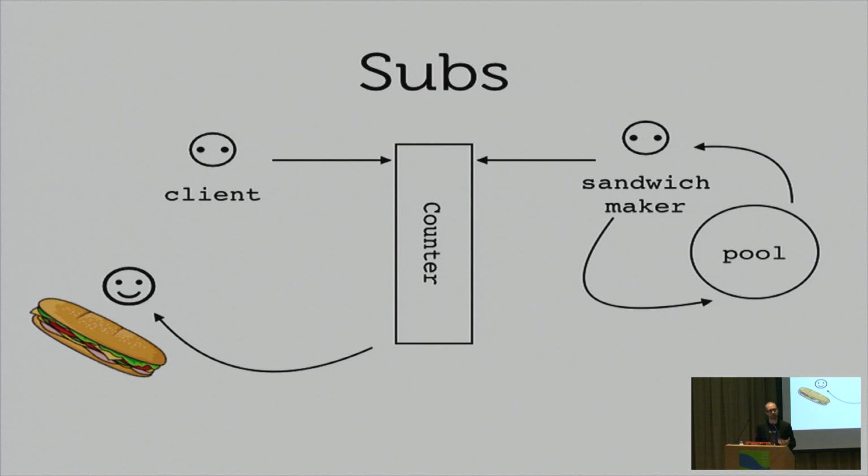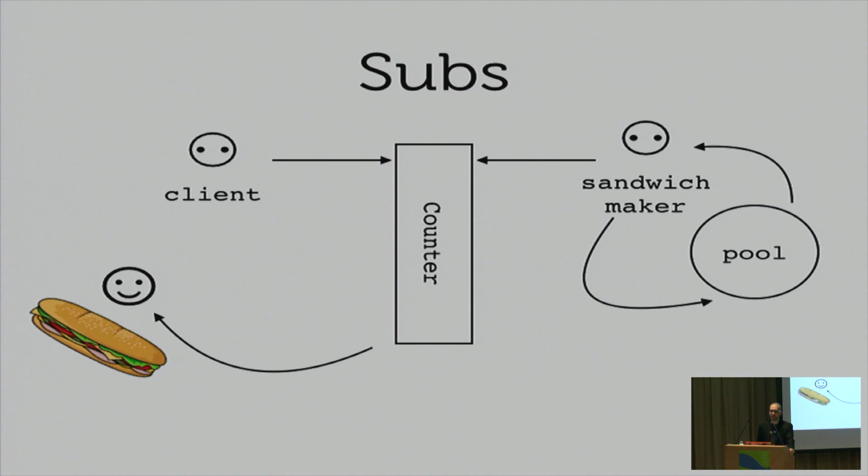And then the sandwich maker returns to the pool. So if you want to scale up a submarine sandwich store, you have 2 options. You can either make the sandwich maker work faster, or you can add more sandwich makers until you run out of space behind the counter.